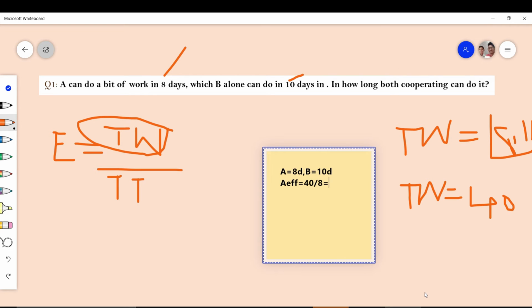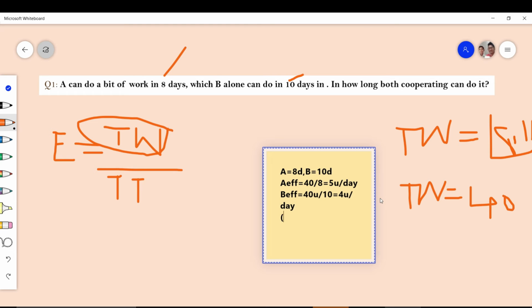So A can do 5 units per day. So if you assign 40 units as the total work, then the work done by A is 5 units per day. Similarly, if you find B's efficiency, 40 units divided by 10 days, which is equal to 4 units per day. So B can do 4 units per day of work.